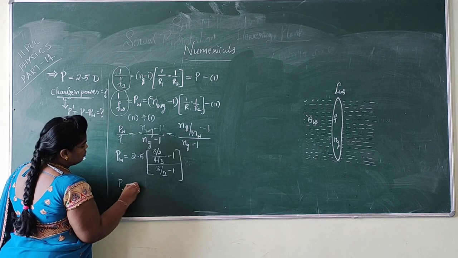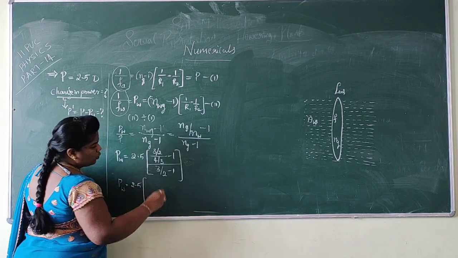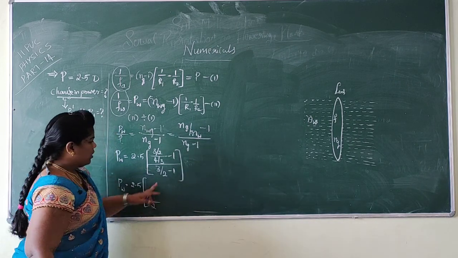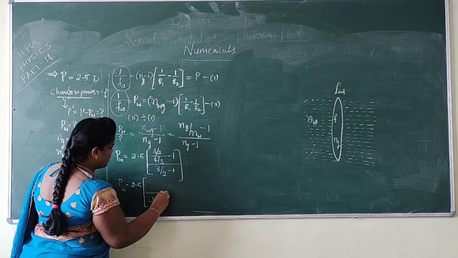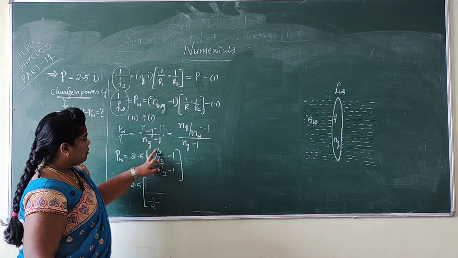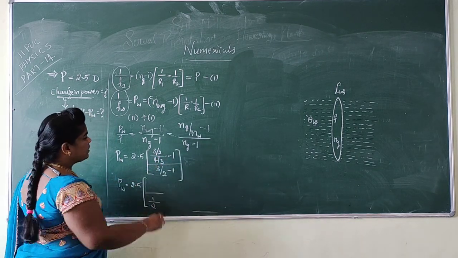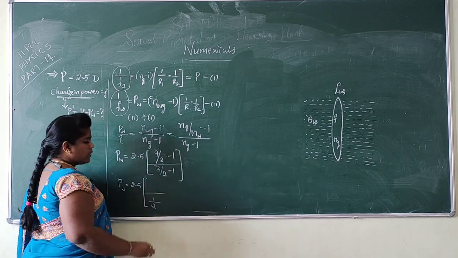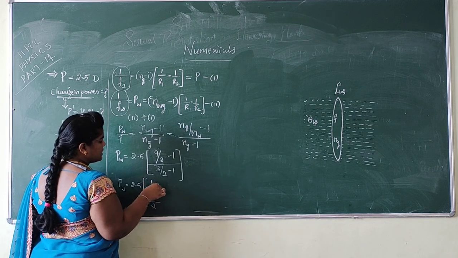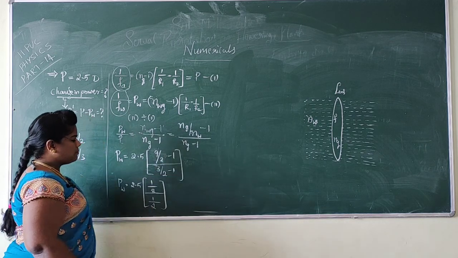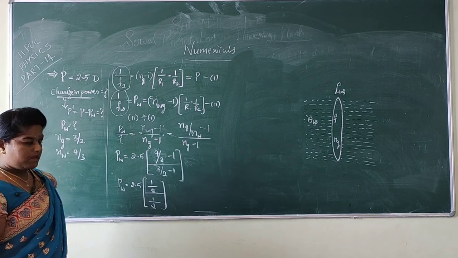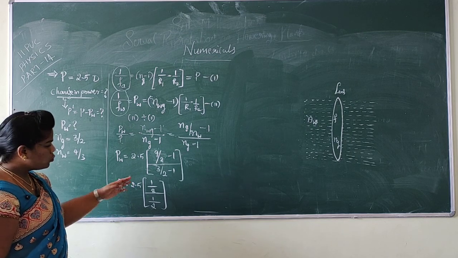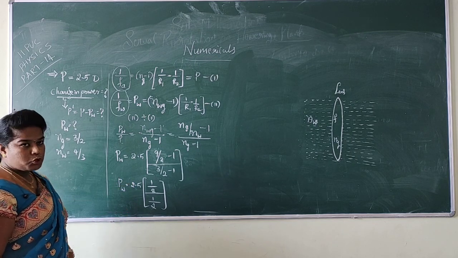So PW is equal to 2.5 into, see here 2 is the LCM in the denominator. 3 minus 2 is 1, so I will get 1 by 2. Here 3 by 2 divided by 4 by 3 gives you 9 by 8. So 8 is the LCM and 9 minus 8 is 1, so 1 by 8 divided by 1 by 2 becomes 2 by 8.